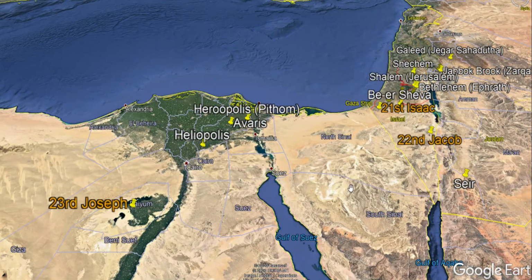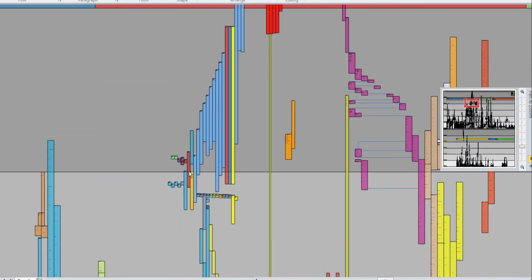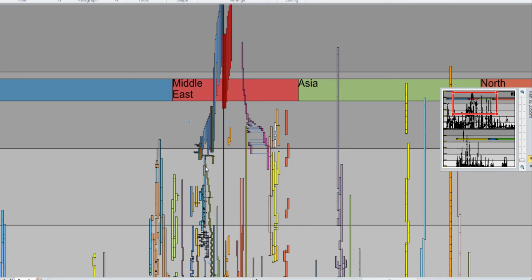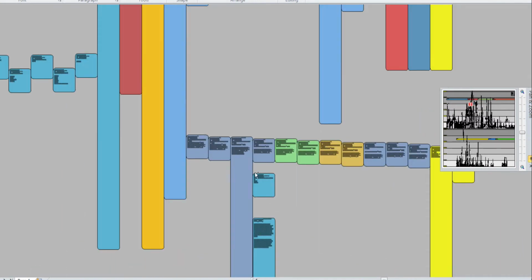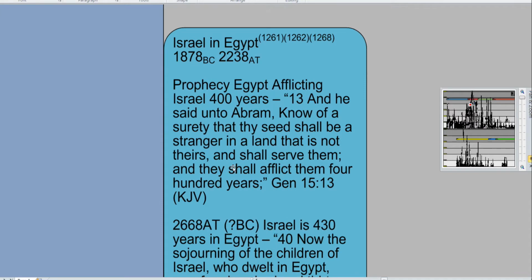Now, Jacob's life is intertwined with the Joseph story, so now we enter into Egypt, which opens up a massive can of worms. The question that arises is, when did Israel get into Egypt? And if you're in the Masoretic text, the scriptures that are relevant are in Genesis 15, Exodus 12, Acts 7, and Galatians 3.